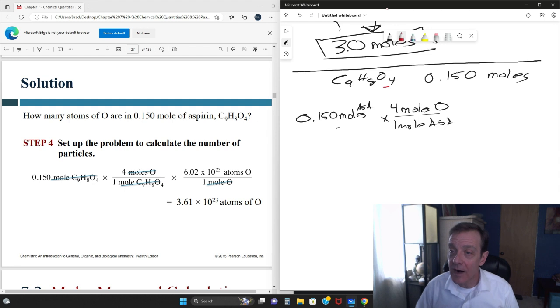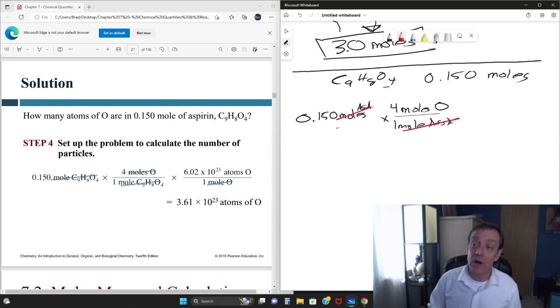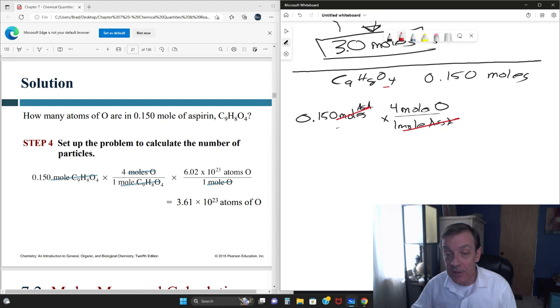So let's cross these out. Our moles of aspirin cross out, and for every mole of aspirin, we have 4 moles of oxygen. Okay, but they didn't ask for how many moles of oxygen we have. They asked for how many atoms, so we need that second converter to get there.